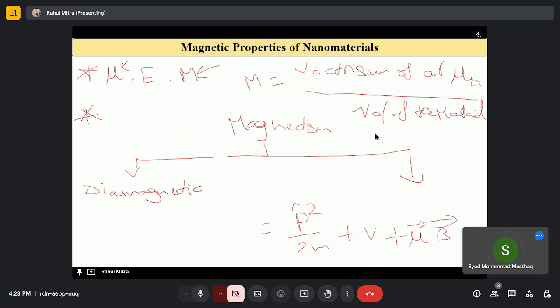Now, if you want to add more, then the p square term will have p plus eA, where A is the magnetic potential, right? Just as we have the electrostatic potential, we have the magnetic potential. You can represent it as that. So, if I try to reduce or simplify this equation, it will turn out to be.